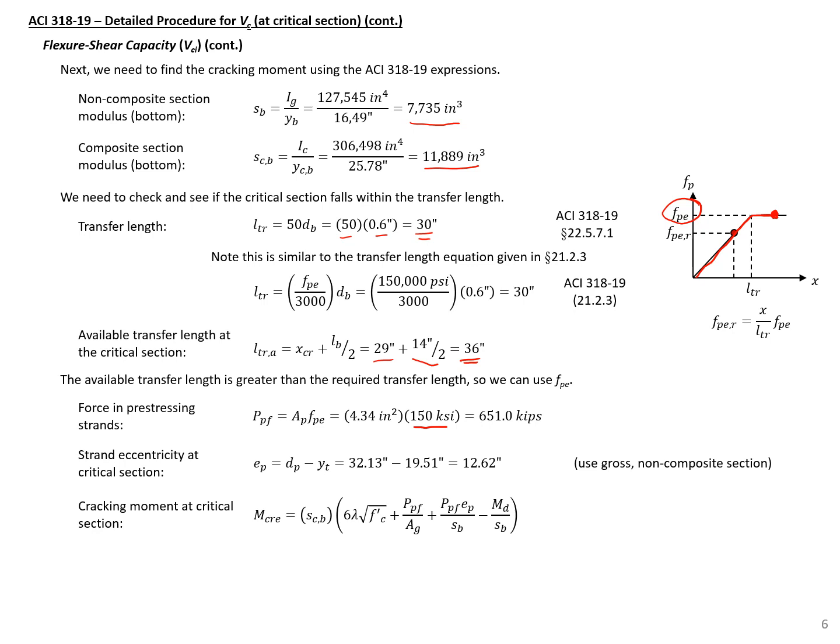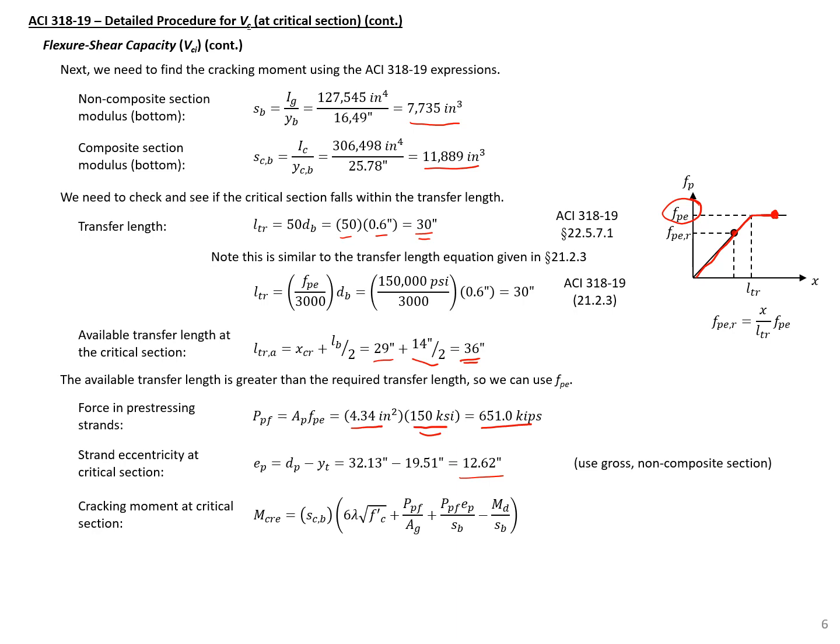So our area of prestressing is 4.34 square inches here, and we take that times our fpe to get 651 kips. Our strand eccentricity using our gross non-composite section properties is 12.62. We can then plug these values all into our cracking moment equation from ACI.